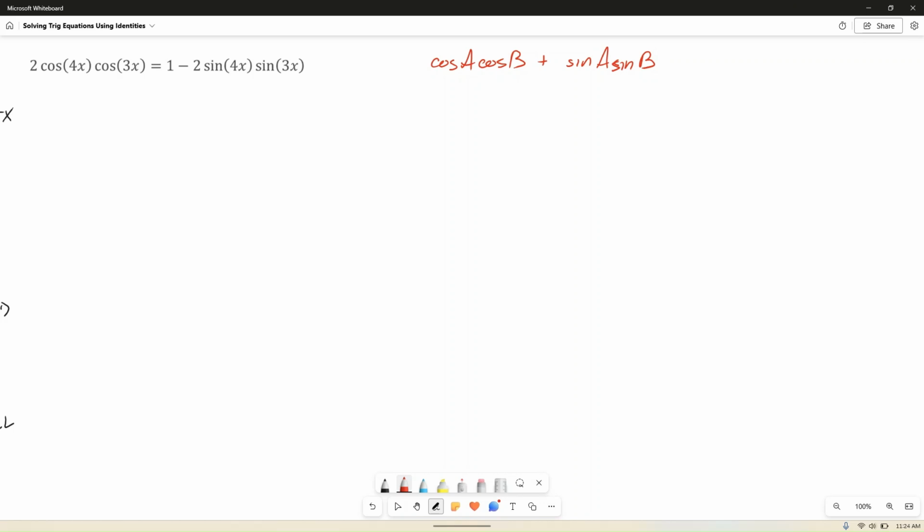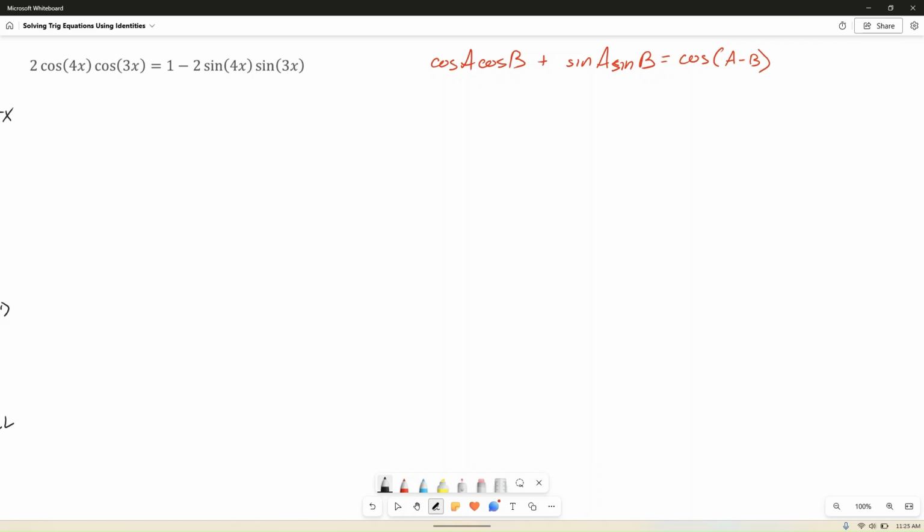Well, that is a sum and difference identity. Cosine A cosine B plus sine A sine B is actually equal to the cosine of A minus B. So instead of doing the product to sum identities twice, we can just use a sum and difference identity once, and it's going to streamline this whole problem into one nice little expression.